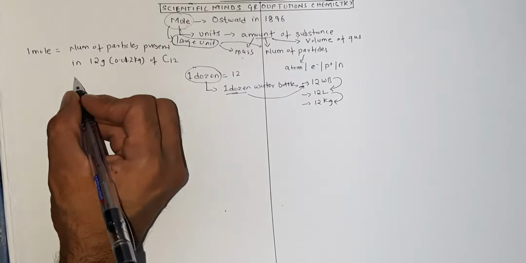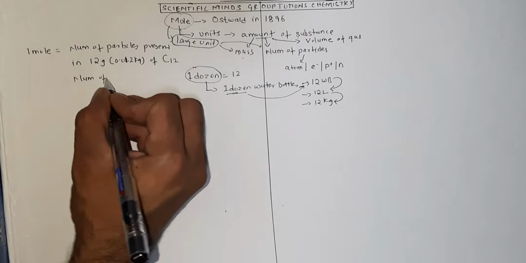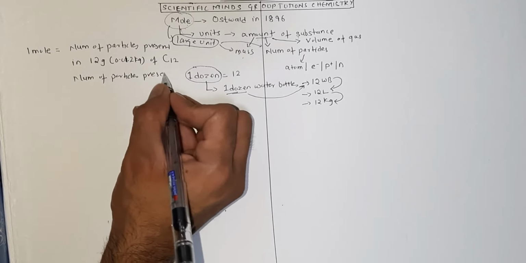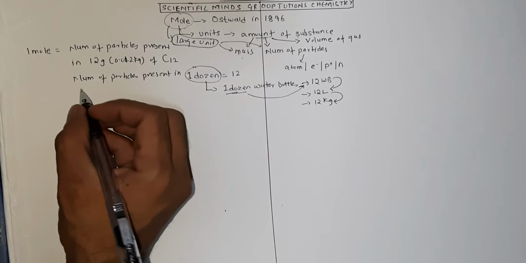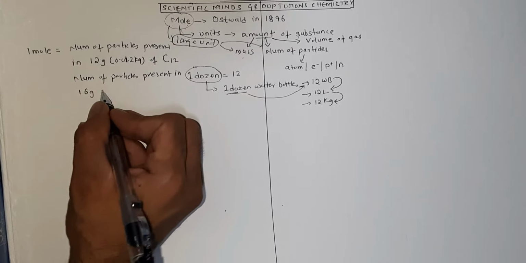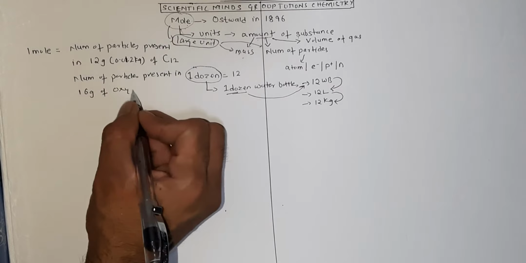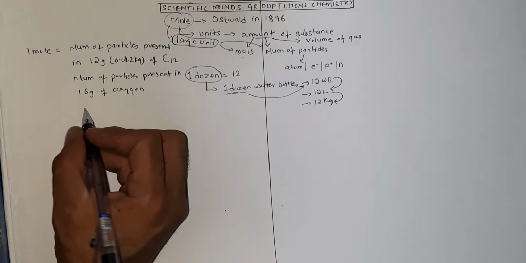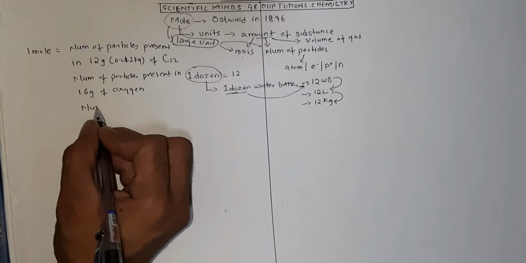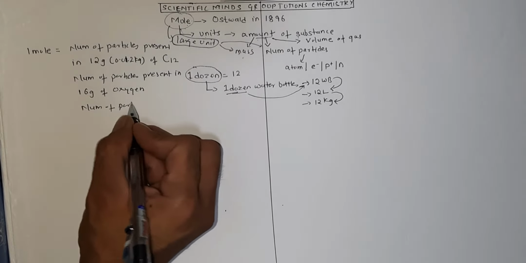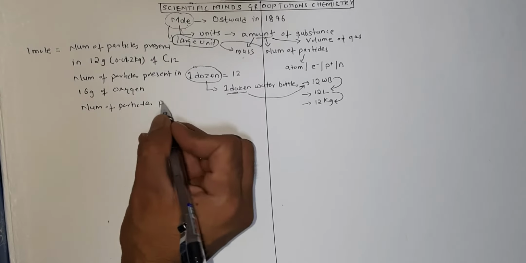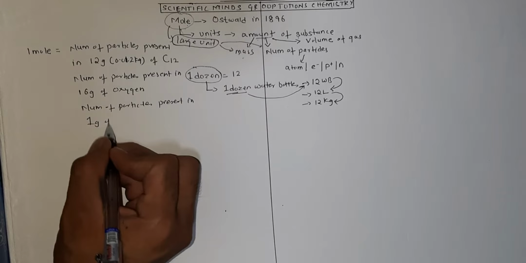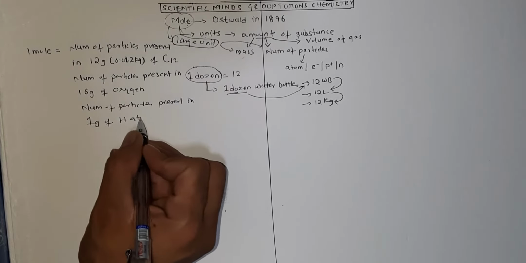Earlier it was the number of particles present in 16 gram of oxygen, and before that it was the number of particles present in 1 gram of hydrogen atom.